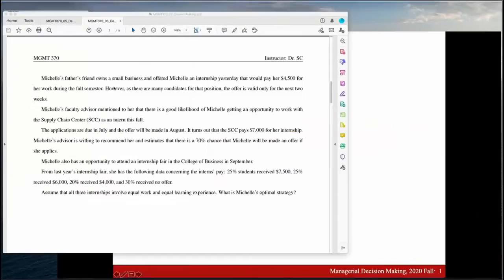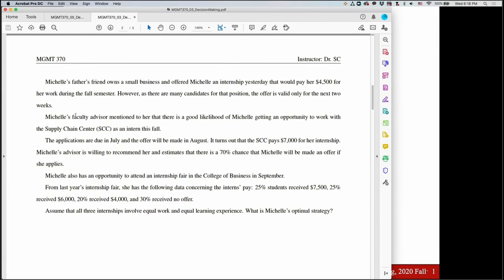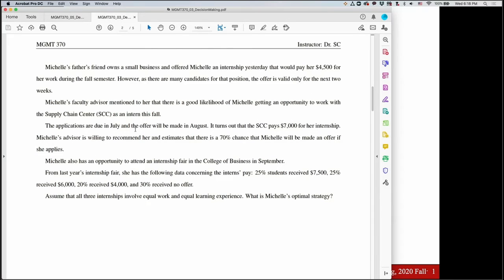So this is your final payoff. And then next, she might have another option. Michelle's faculty advisor mentioned to her that there must be an internship from the supply chain center this fall. The deadline is July, the offer will be made in August, and the salary is 7,000.